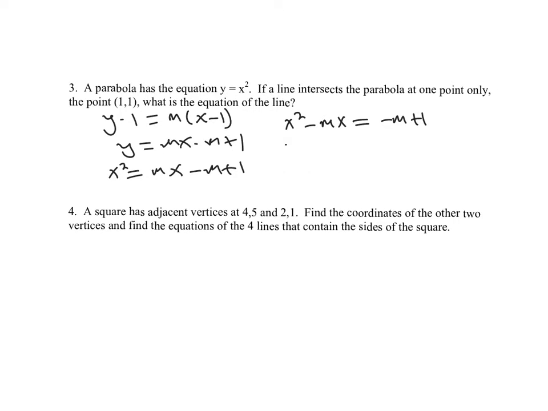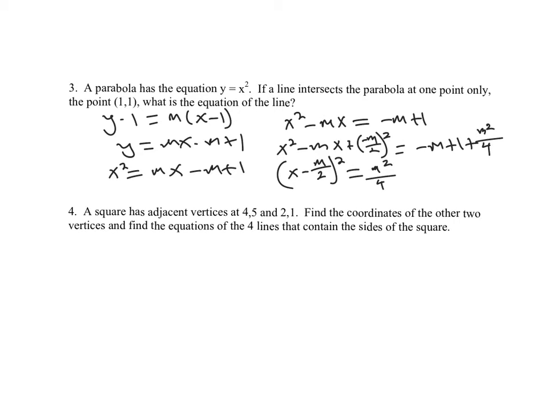To complete the square, we add half of the coefficient of the x term squared, so we'd add negative m over 2 squared to both sides, which is m squared over 4. When we factor, we get x minus m over 2 squared is equal to m squared over 4 minus m plus 1.